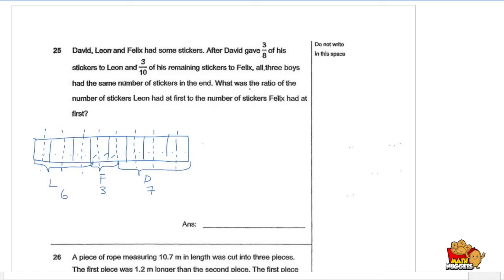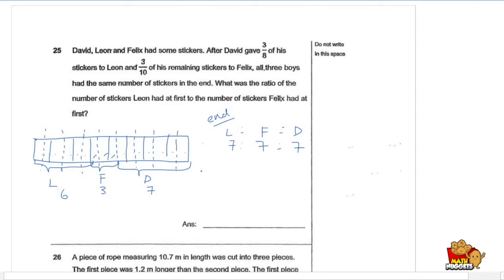Now the question tells us that in the end all 3 boys had the same. So in the end, just write down that. So Leon is to Felix is to David in the end should be 7 is to 7 is to 7.